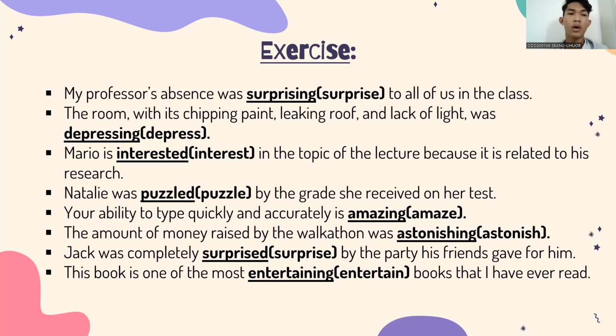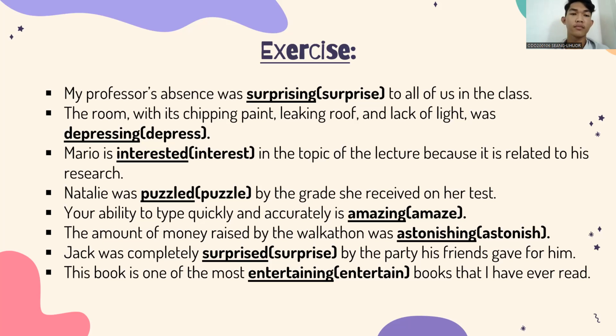And the second one is about the room with its chipping paint, leaking roof, and lack of light. Here it talks about the personality of the room. It means that it has chipping paint, leaking roof, and lack of light. So you have to use depressing because it affects our feeling.